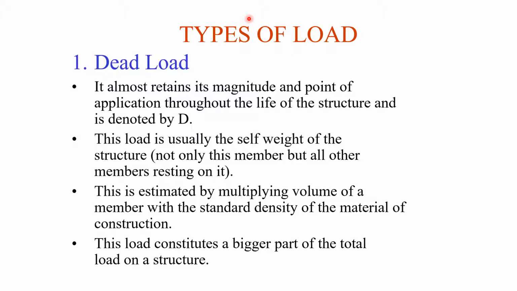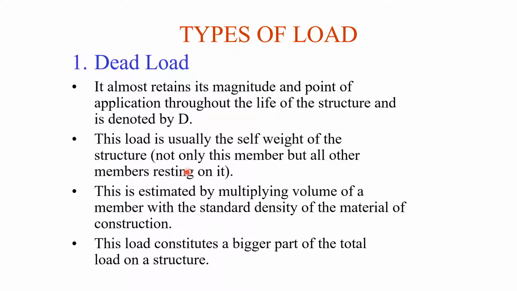Types of load. Dead load. It almost retains its magnitude and point of application throughout the life of a structure, and it is denoted by D. This load is usually the self weight of the structure, not only this member but all other members resting on it.